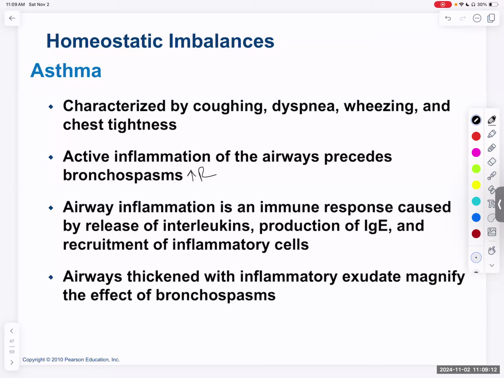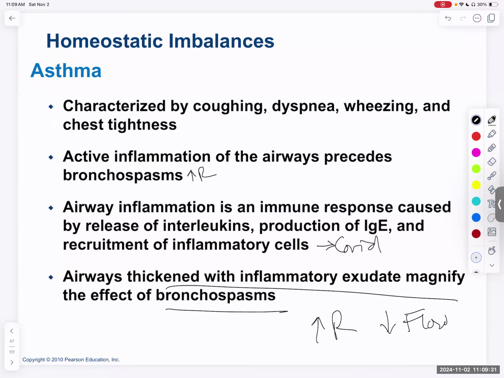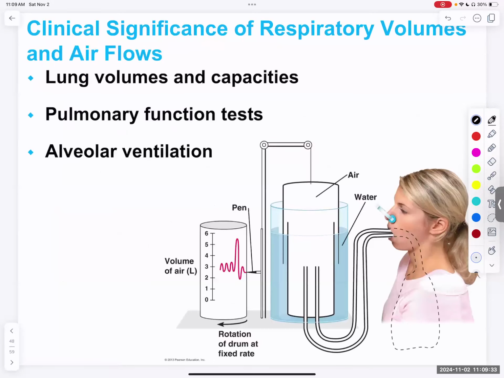Airway inflammation due to immune response, to something like a cytokine storm that we saw in COVID, right? Anything that's going to thicken the membrane or cause bronchospasms, it's all increasing resistance, and that decreases flow, and that becomes a problem.